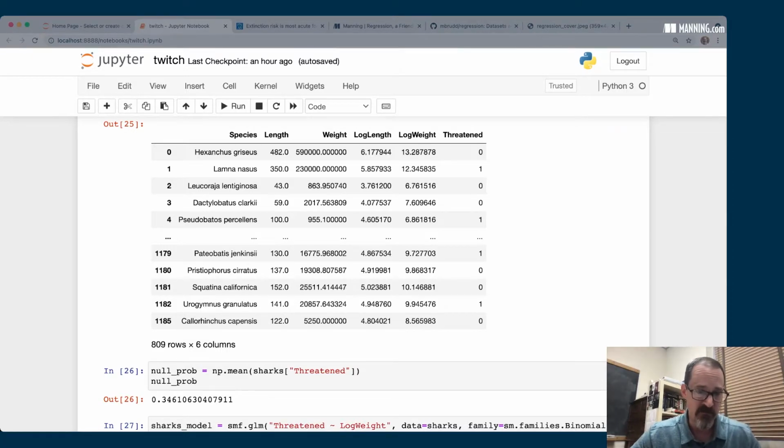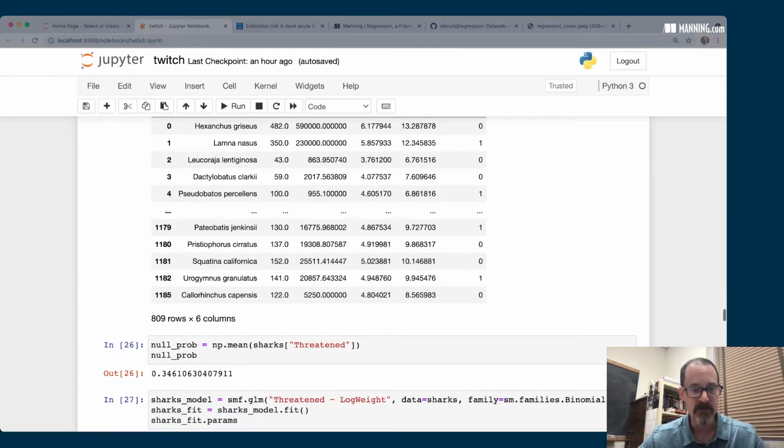As you can see here, it's 34.6%. Our null model would say, we think there's a 34.6% chance that any randomly chosen fish is threatened, okay? And you could convert that via a classifier, but that's the null model, okay? This one constant probability for all fish, all right? It's probably not as good as actually using the predictor, the log of the weight. So let's see how that model does.